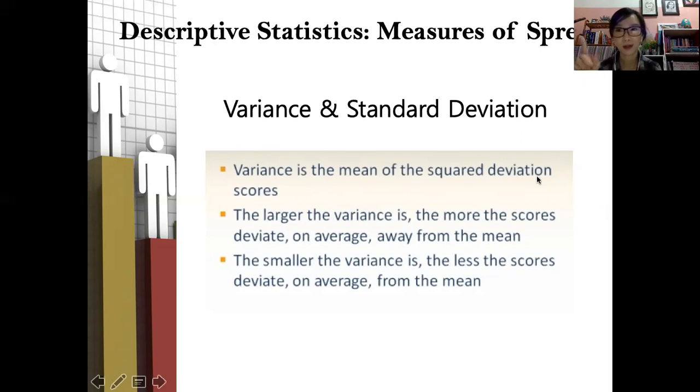Later you will read from the additional handout. Deviation here means the distance between an individual score and the mean score. Jarak antara nilai individu yang ada di dalam sebuah dataset dengan nilai rata-ratanya.